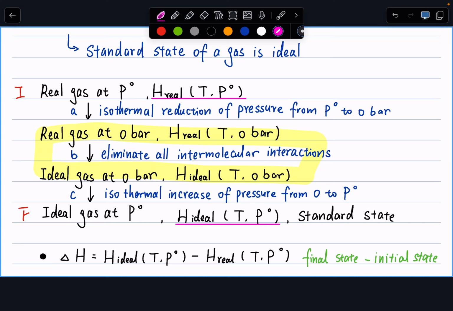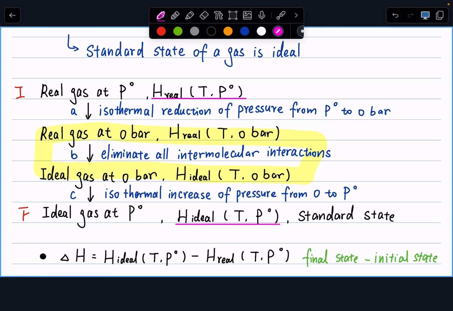By building the path here, we demonstrate that this delta H must equal delta H for the first step, which is the isothermal pressure reduction from 1 bar to 0 bar, plus delta HB, which is at 0 bar, where we're removing all the intermolecular interactions so my real gas becomes an ideal gas at 0 bar, or when the pressure is approaching 0, plus delta HC. Basically, we isothermally increase the pressure back to its original state.